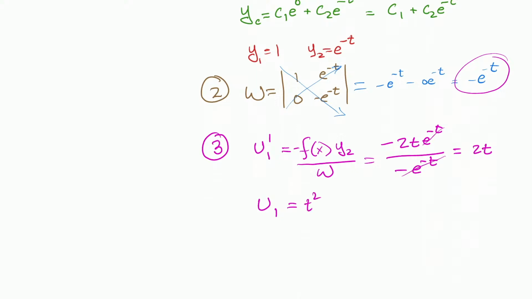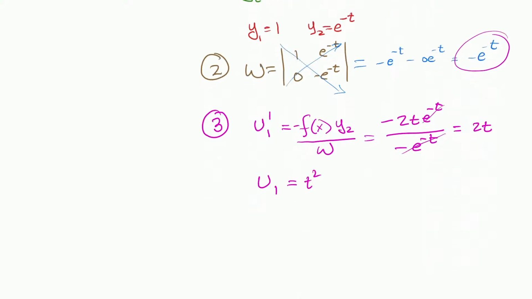So there's t squared. Now we're going to do the same thing to compute u2, the other piece for this particular solution. So u2 prime is going to be f of x times y1 over the Wronskian. You might say, well, why is this negative and this one positive?